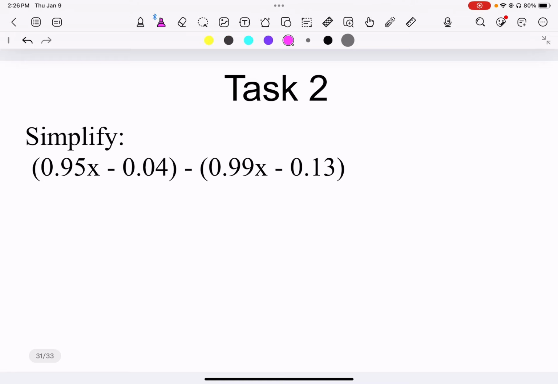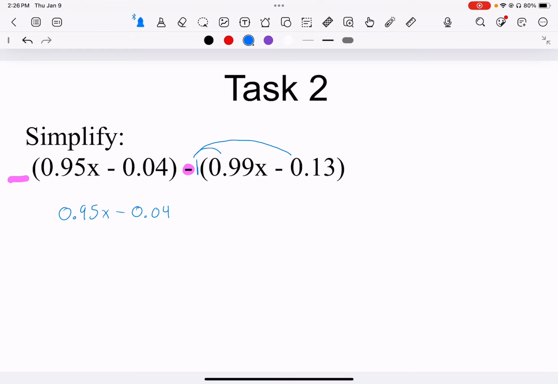Here we have a subtraction problem because we have our minus in between them. It's the same expressions, but we're subtracting them. First, in front of this parentheses, there's nothing for me to distribute. So I'm just going to bring down the 0.95x minus 0.04. Now instead of there being a positive 1 that I'm distributing, there's a negative 1 that I'm going to distribute.